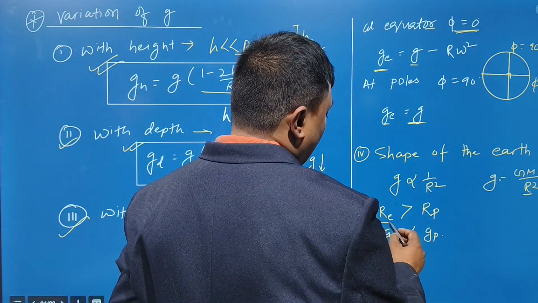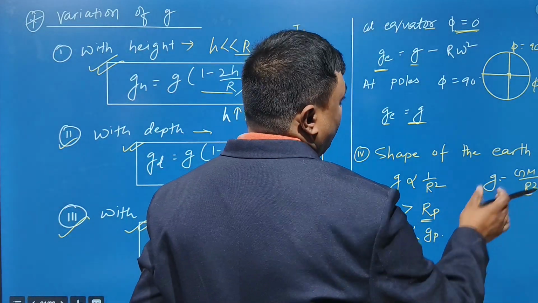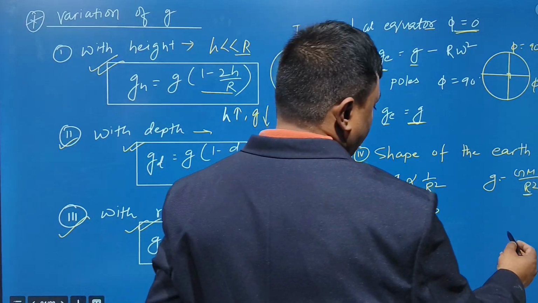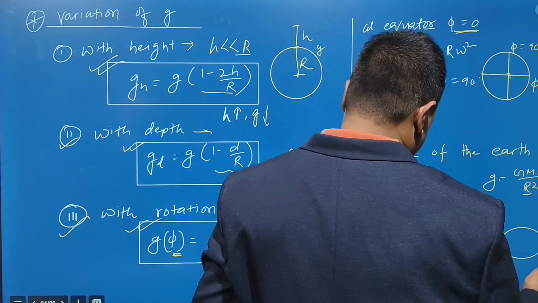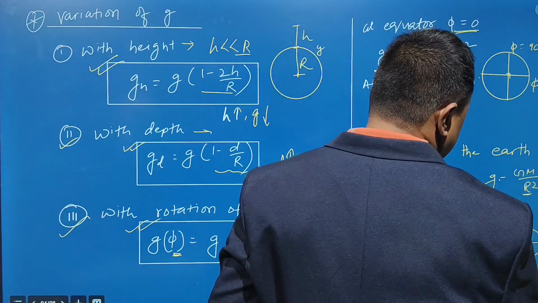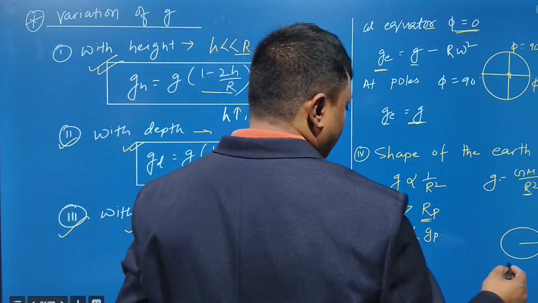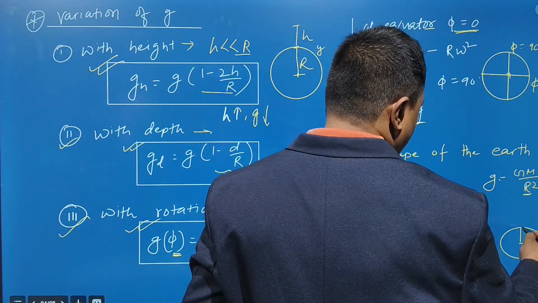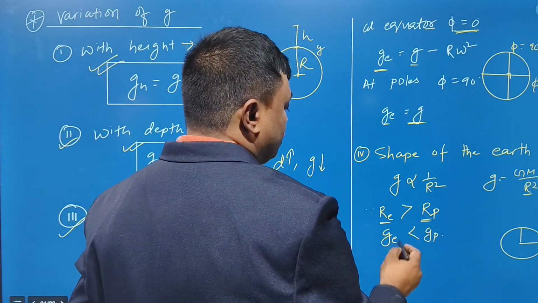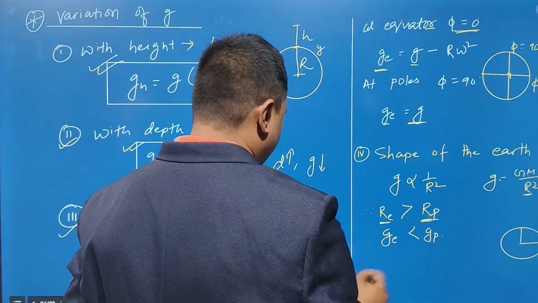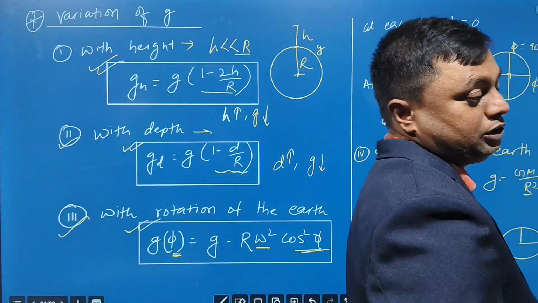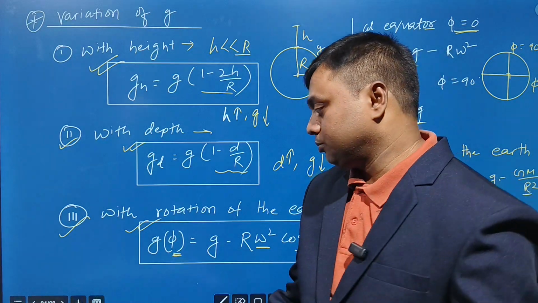The shape of earth is not perfectly a sphere, it is spheroidal. The radius of equator is slightly more than the radius of pole. As g is inversely proportional to the radius square, g at equator is less than g at poles. This is a very important concept.